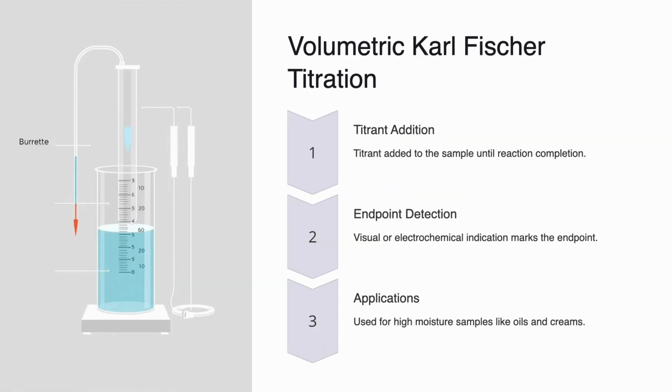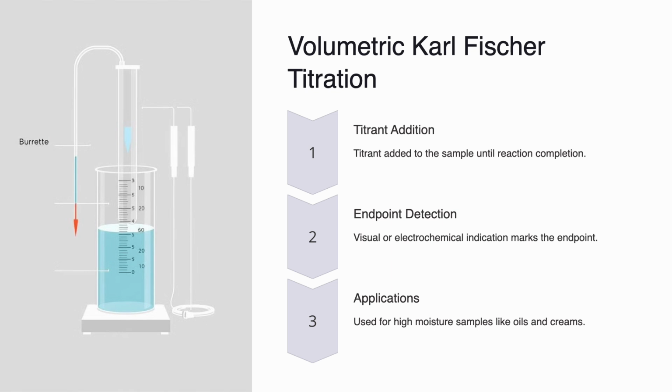Then, giving a brief on volumetric Karl Fischer titration and coulometric Karl Fischer titration. First of all, in volumetric Karl Fischer titration, titrant addition takes place, that is, titrant is added to the sample until the reaction is completed.